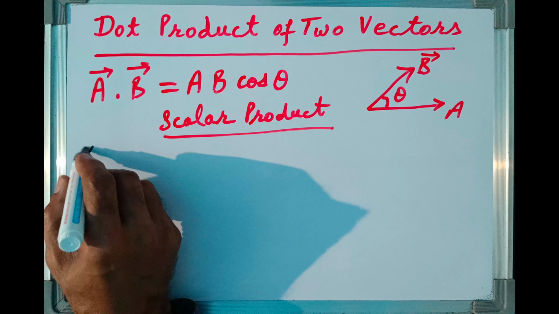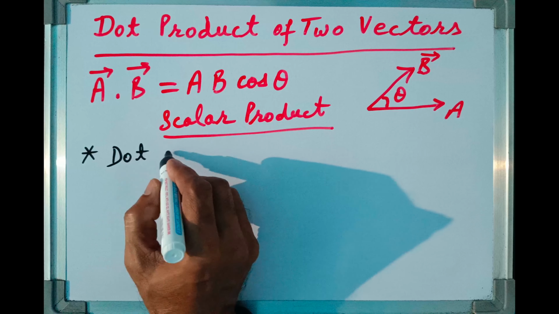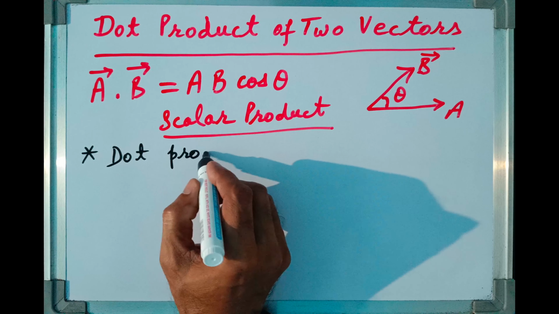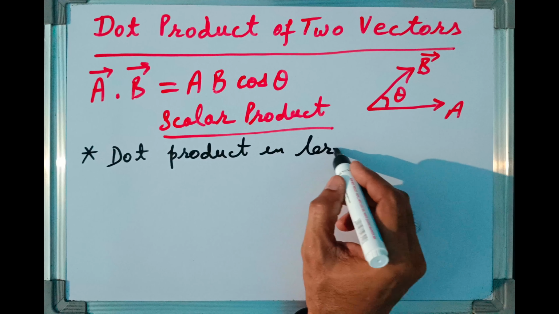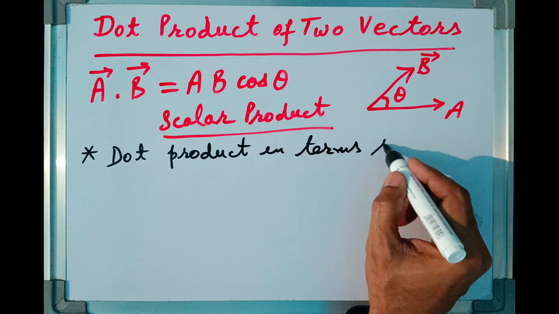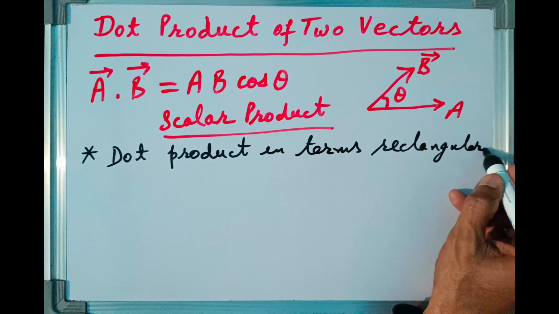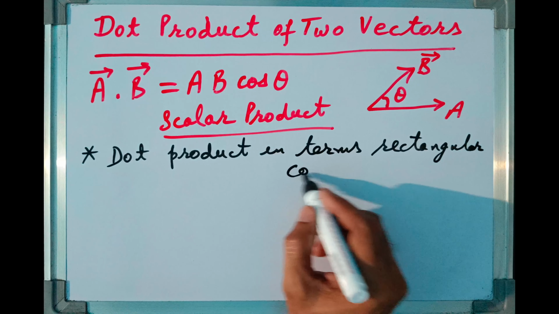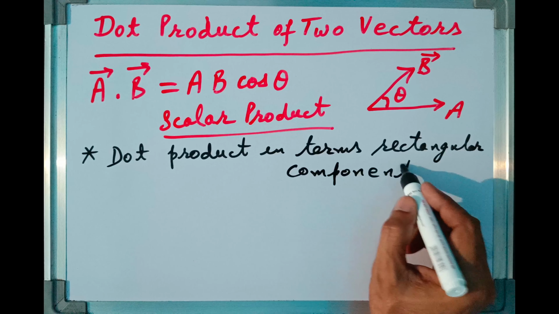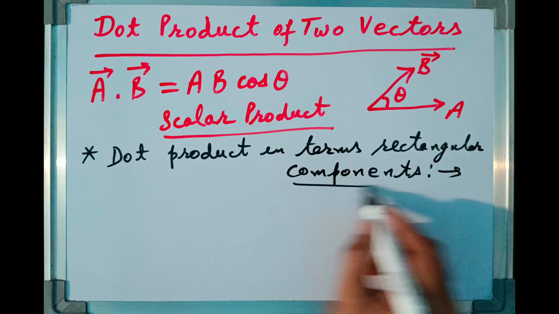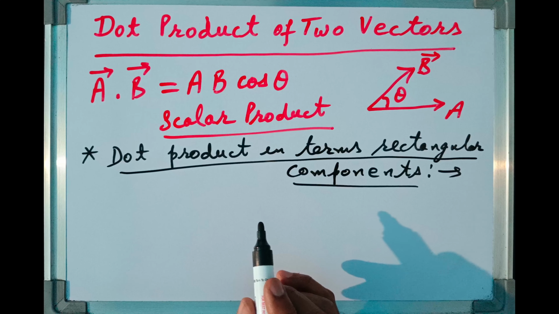So the next topic I would like to share is how to find dot product in terms of rectangular components of the given vectors. For this purpose, I will have to write both the vectors in terms of their rectangular components.